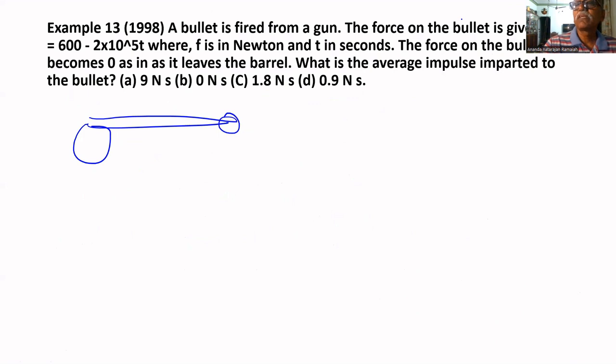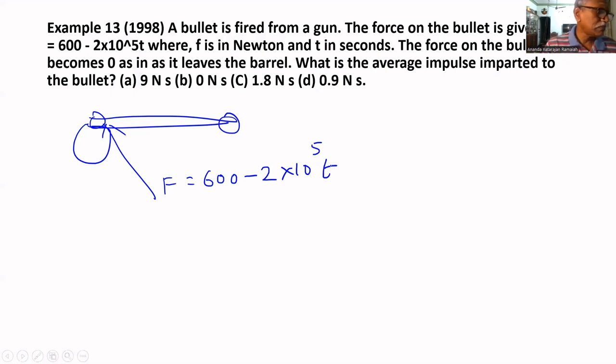The force on the bullet is given by F equal to 600 minus 2 into 10 power 5 T. F is in Newton and T is in seconds.